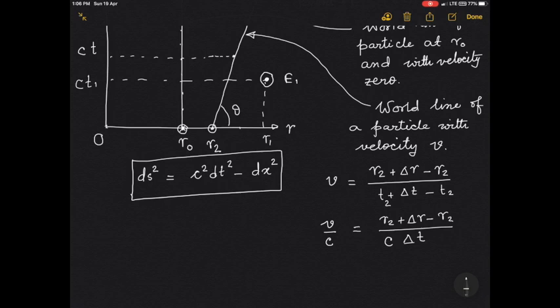Now let us look at the figure. So in the figure, just for the sake of understanding, let's say that here the time is delta t and the corresponding shift in r is delta r.